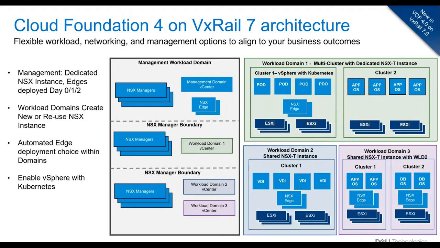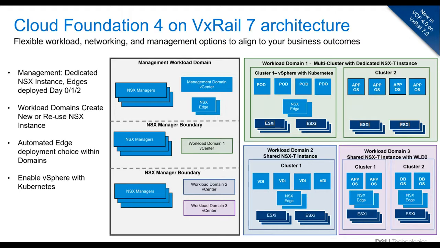So when I deploy any of these workload domains, as part of some of the newer features with Cloud Foundation 4.0, I have the ability to dedicate a specific NSX-T instance to that workload domain, along with that dedicated vCenter that will always be deployed with each workload domain deployment. And this is new.